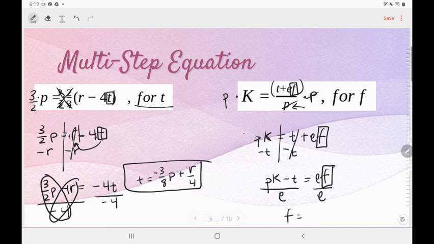So f is equal to p k minus t all over e. Notice I just took this big chunk and I wrote it down here. Now if I notice here, there's no e in the pk, and there's no e with the t, so I cannot simplify. So this is my final answer.